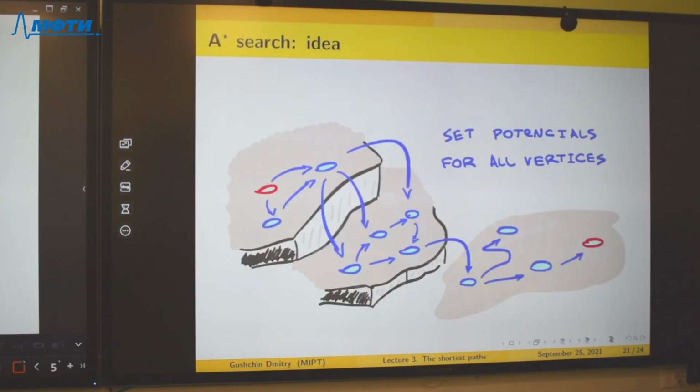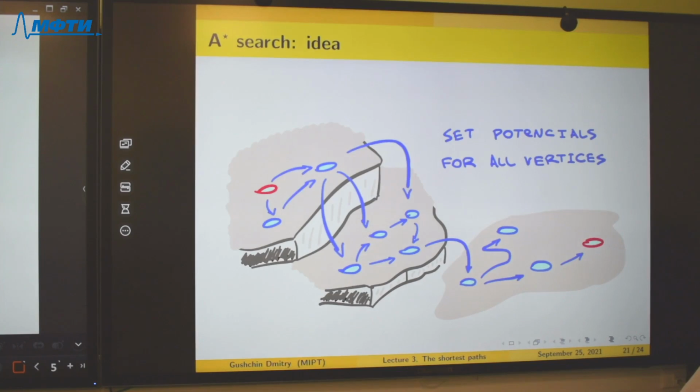Okay. And about the last algorithm for today, it's about A star search, or goal-directed search. It is another name of this algorithm.